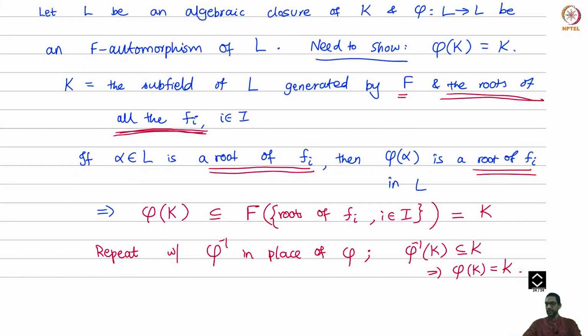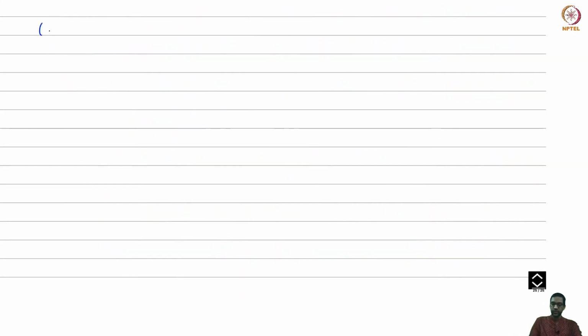3 implies 1, 1 implies 2, and let's finish this off by showing that 2 implies 3. So what does this mean?